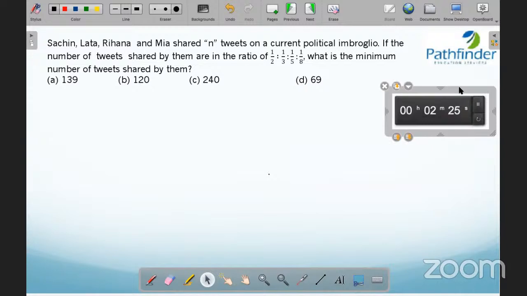Try solving this one. Most of you are not keying in your answers actually. If you type in your answers, it will help me understand. This is a beautiful question actually.